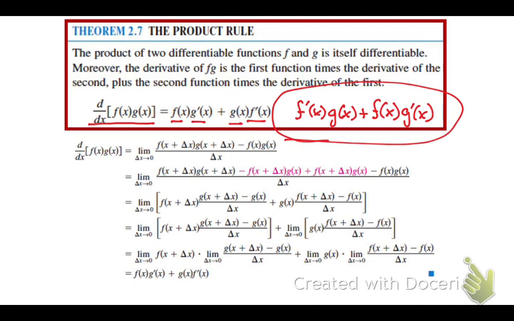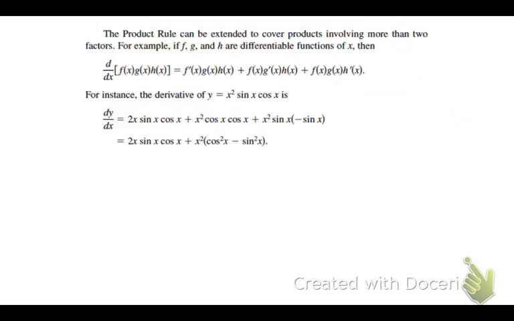All got it? Okay. So the product rule can be extended to cover products involving more than 2 factors. This isn't really necessary. Just know it happens if I have f times g times h. So the derivative of the first times the other 2, the derivative of the second times the other 2, the derivative of the third times the other 2. And if I had 8, 9, 10, I would just go through all of them. It's just like composition of functions.